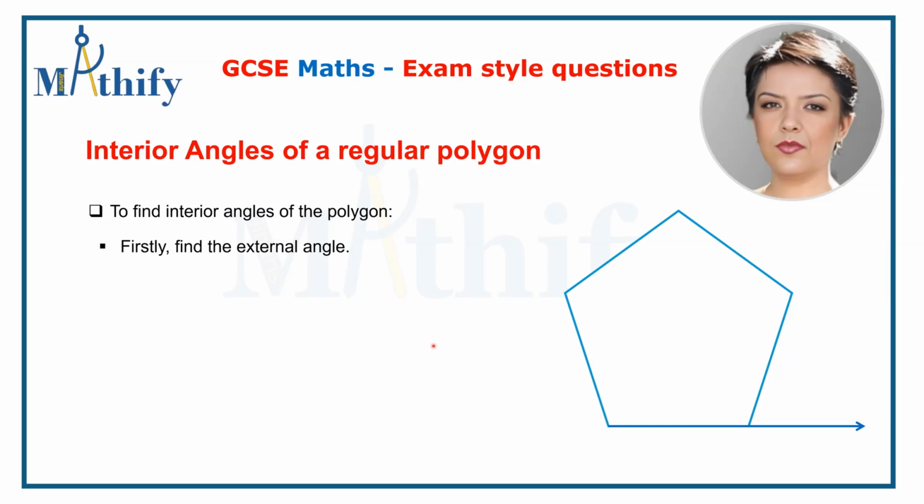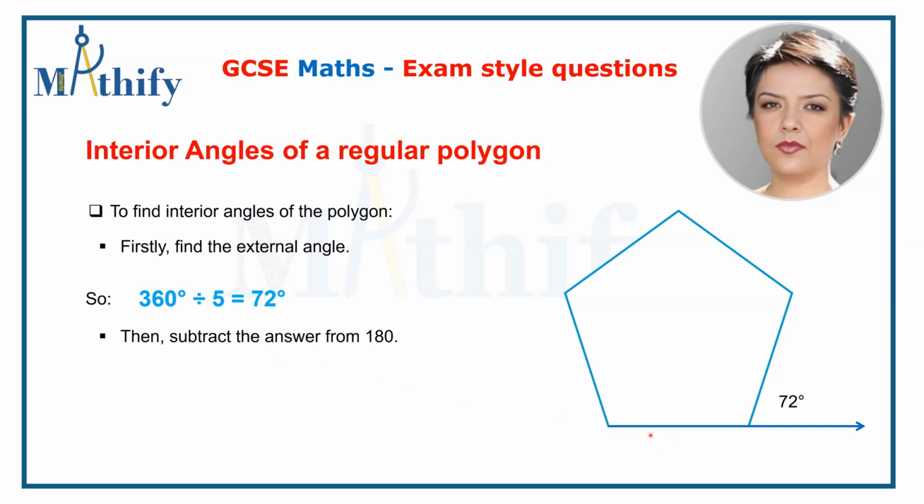We know that there are 5 sides, therefore 360 divided by 5 will give us this external angle. So when you do 360 divided by 5, that will give us 72 degrees. And we're just going to write it down here.